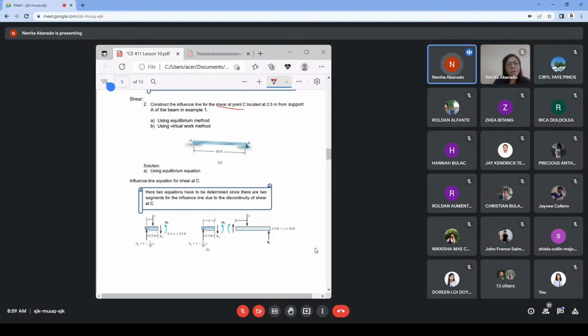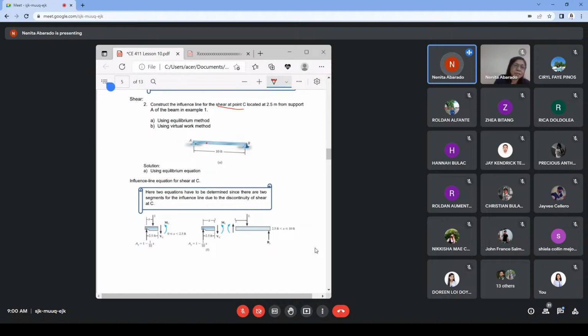Okay, we're going to use the same beam. This time, our specified point is here. Point tayo dire sa 2.5. At this specified point, let us get the influence of the shear, no? The shear at this point, okay?